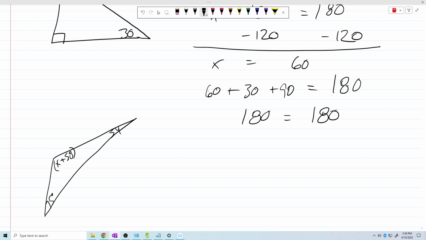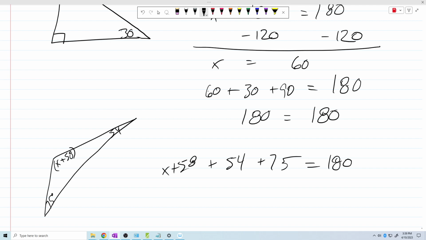And you, being the studious, astute students that you are, should recognize that x plus 58, that's one of the angles, plus the other one, 54, plus 75, all that equals 180.